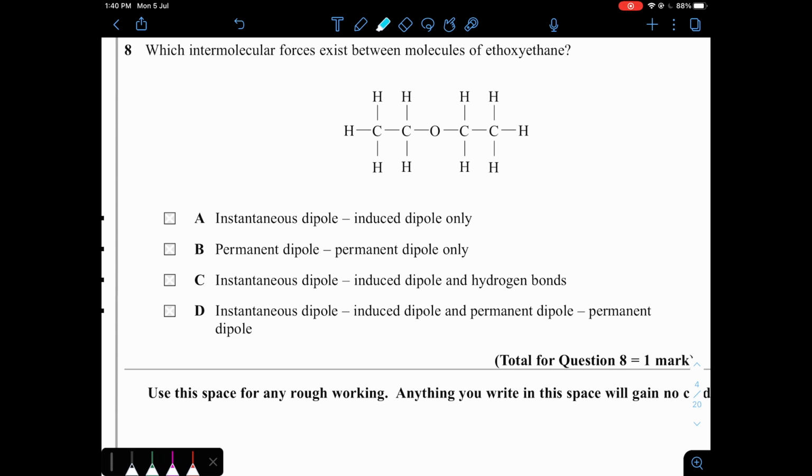8. Which intermolecular forces exist between molecules of ethoxyethane? So we have instantaneous dipole. These are common for usually any molecule.